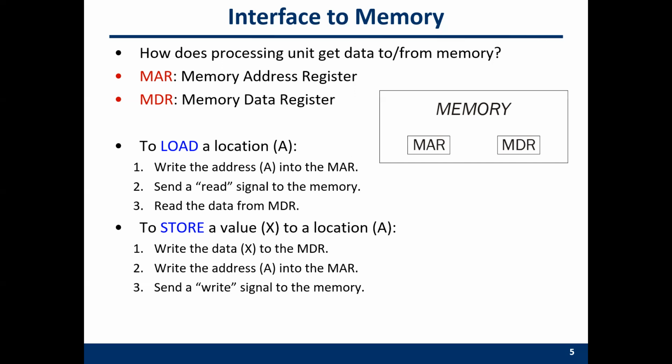But the major part of the memory interface is the memory address register and the memory data register. When you try to read some data from location 1, you just write the address to the address register, and then issue a read signal. Then the memory will write the data to the data register.